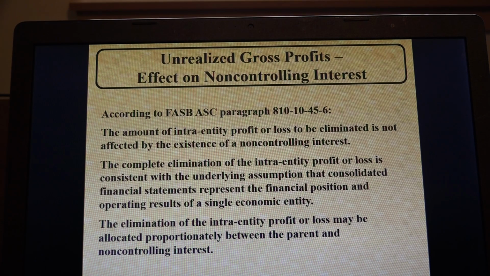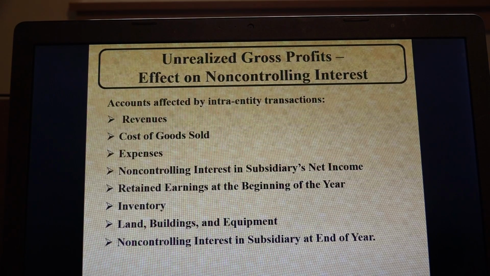It's just a matter of the accounts that you have to deal with, downstream versus upstream.